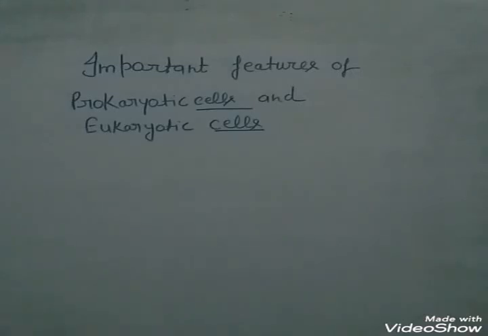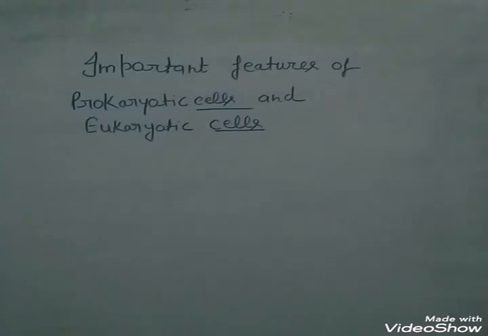But in eukaryotic cells, a well developed nucleus is present, and it is surrounded by a double walled true nuclear membrane.